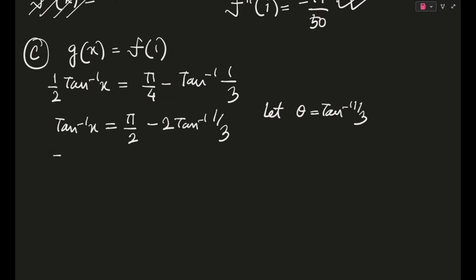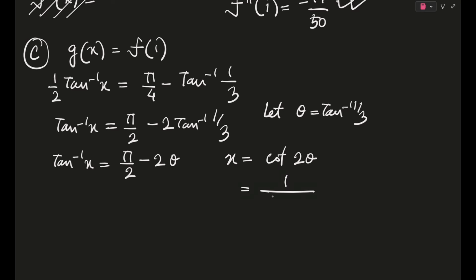So this thing becomes tan inverse x is equal to pi by 2 minus 2 theta. So very simply, x will be tan of pi by 2 minus 2 theta, or cot 2 theta. If we want to calculate cot 2 theta, it will be 1 by tan 2 theta.